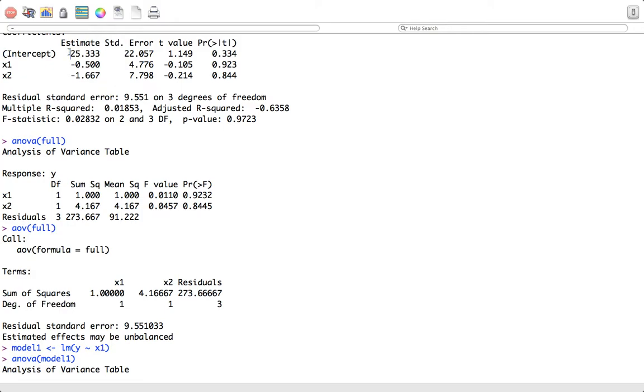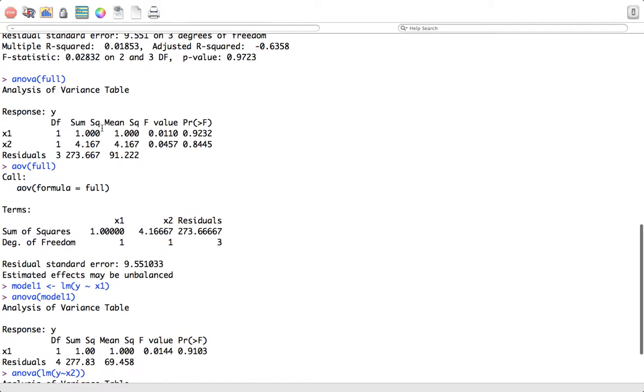So this is going to be y, well, actually y hat equals 25.33 minus 0.5x1 minus 1.67x2. All right, that's B0, B1, B2.